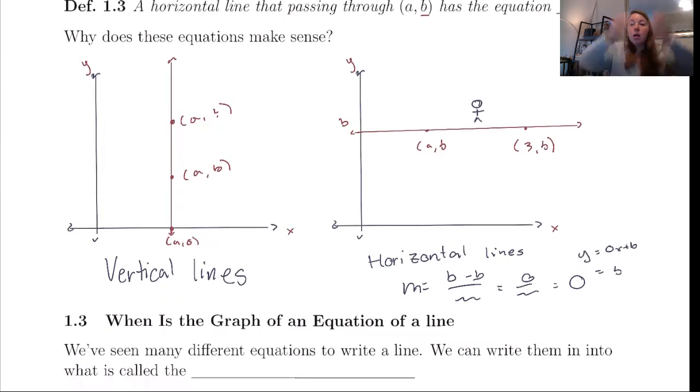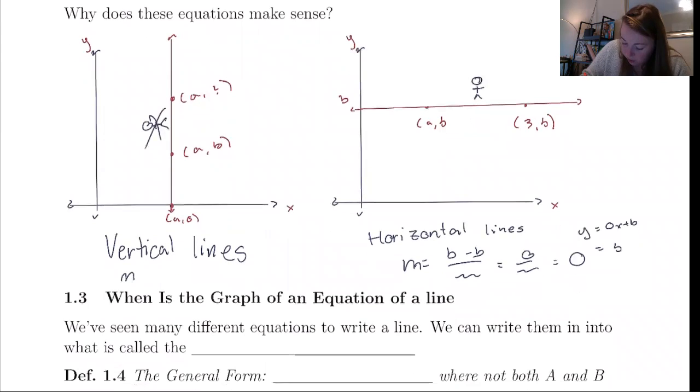I can't walk up the wall. I'm not Spider-Man. So I can't walk up this little line. It's not going to happen. If I wanted to go find the slope, this would be like m equals b minus 0 over a minus a. And I would just get b over 0. And I can't divide by 0. This is what we would call undefined.